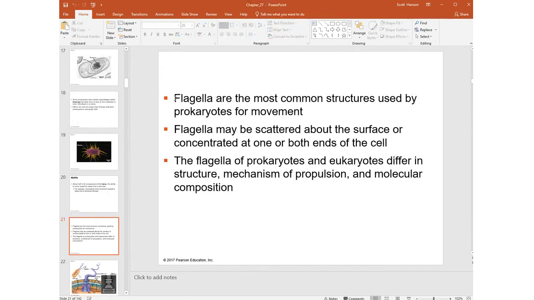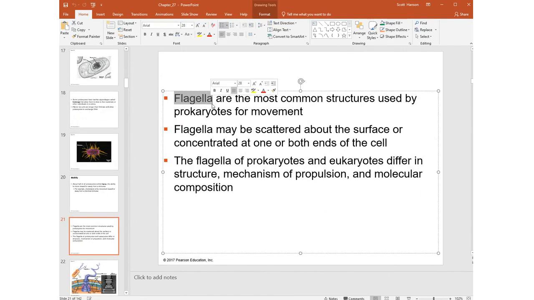A lot of them have flagella, the most common structures used by prokaryotes for movement. And a lot of protists have flagella as well. We'll see in the next chapter that there are a lot of protists with flagella also. Flagella is plural, and flagellum is singular.